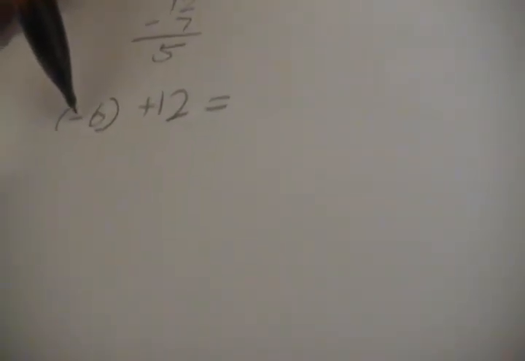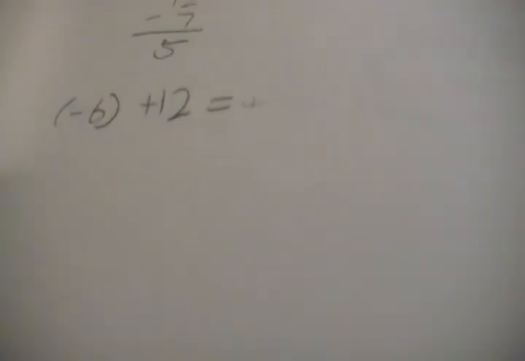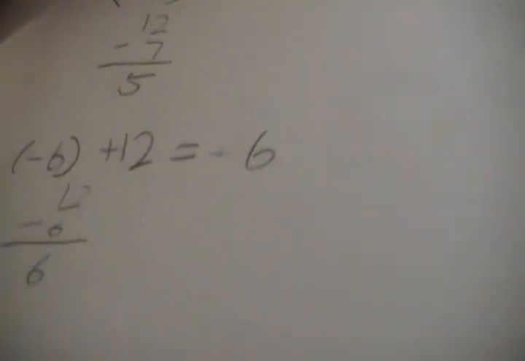We subtract. Okay. However, because 6 is smaller than 12, the final answer will be a positive number, right? A positive number. So, what is 12 minus 6? 12 minus 6 is 6. So the final answer is 6.